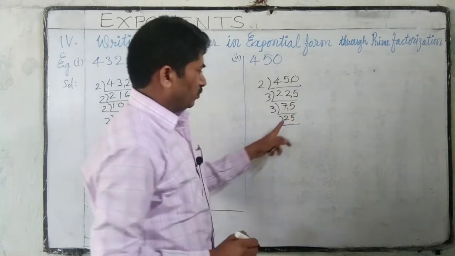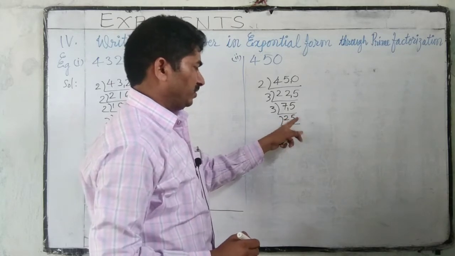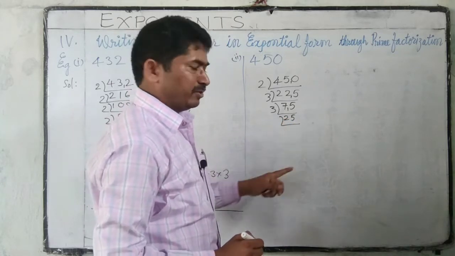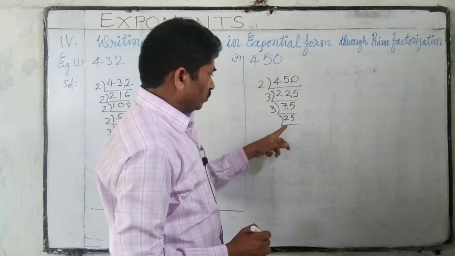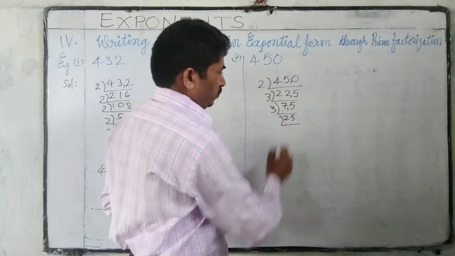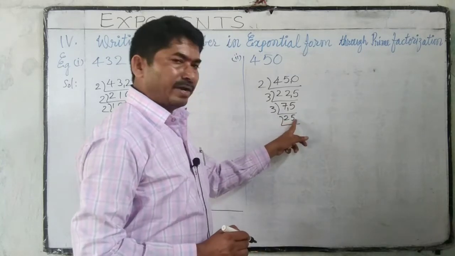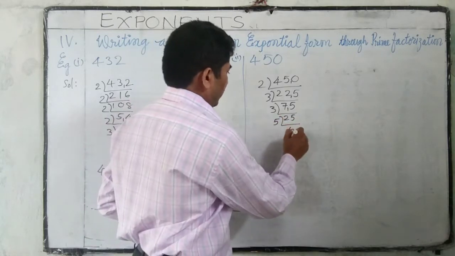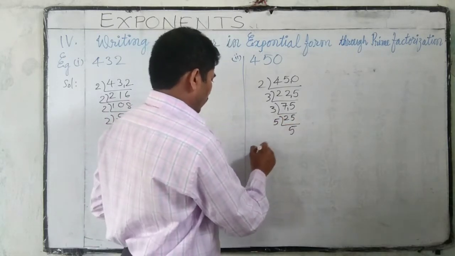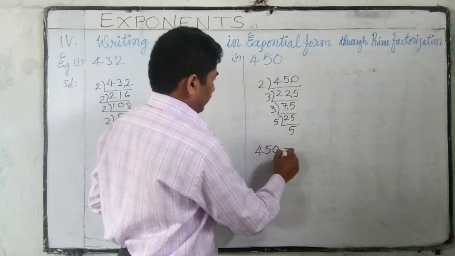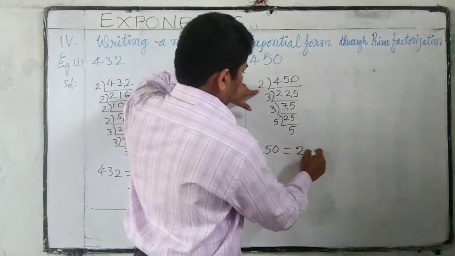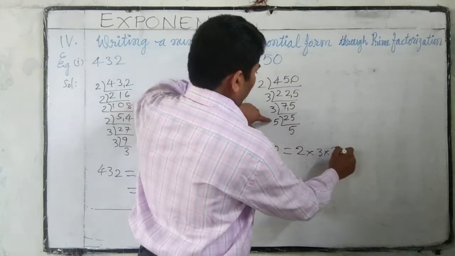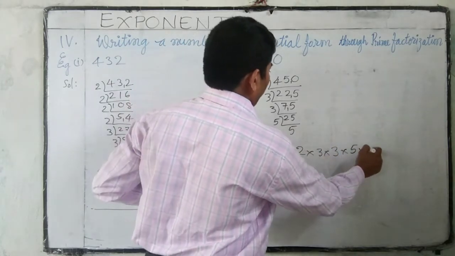Now not divisible by 3, because 2 plus 5 is 7. Next it is divisible by 5, because in the ones place there is a 5. 5 fives are 25. 450 is equal to 2 into 3 into 3 into 5 into 5.